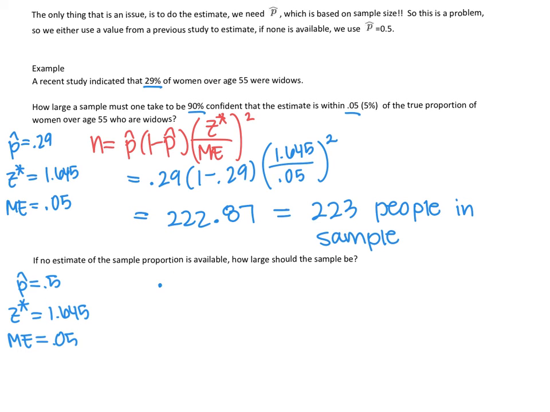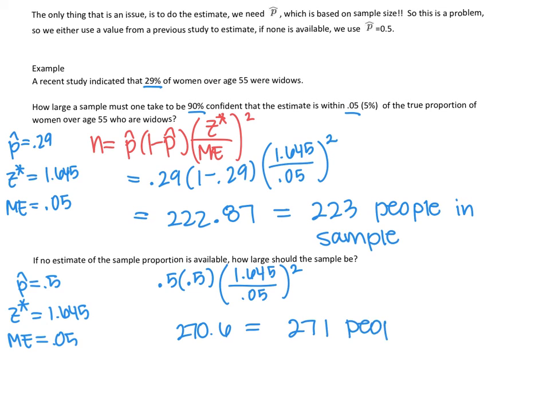So we're going to have 0.5 times 0.5, because 1 minus 0.5 is still 0.5, and they'll have 1.645 over 0.05 squared still. So we end up with 270.6, which means we would need 271 people in the sample.